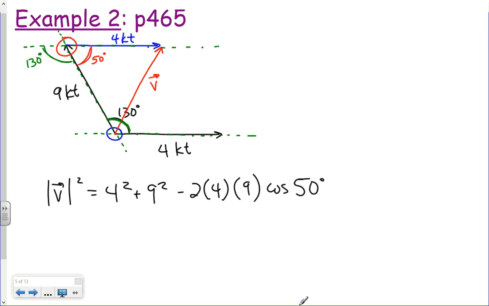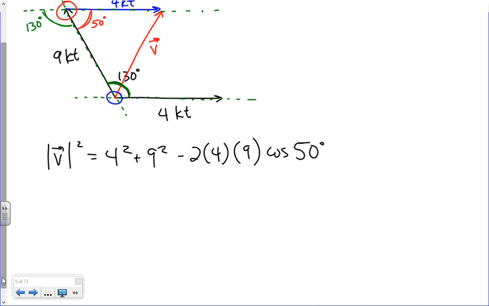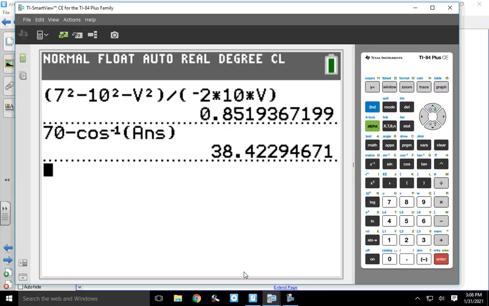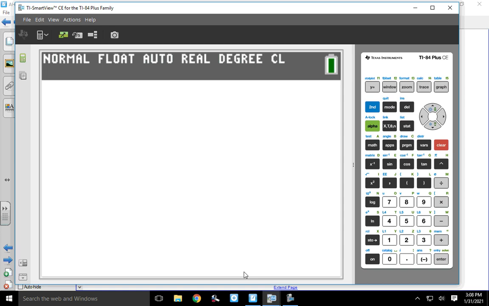All right, this looks like another calculator problem here, so let's grab our calculator and run that calculation. All right, so we have 4 squared plus the 9 squared.